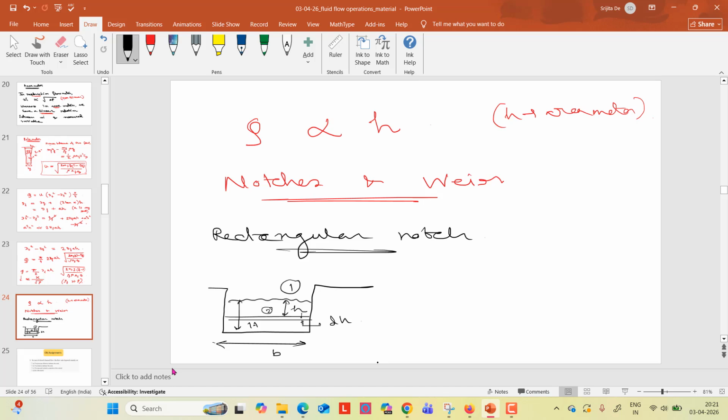and the width of the channel or notch or whatever it is, is b. So q is a function of this height, right?